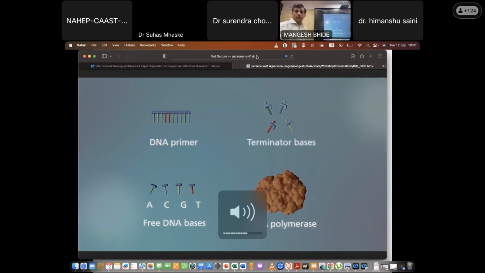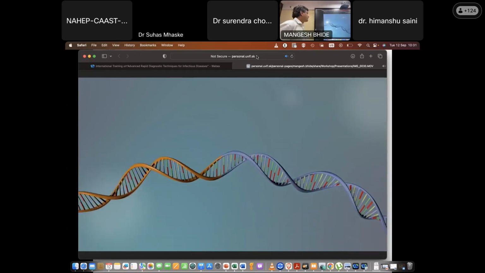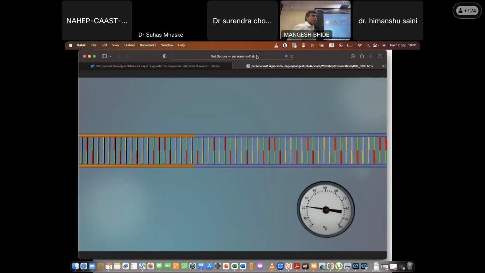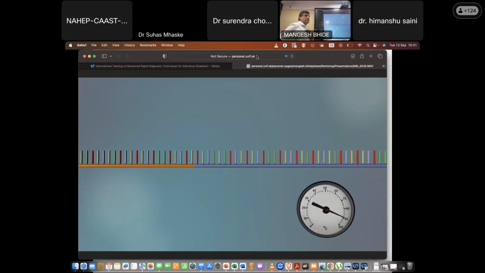These are called terminator bases. This is the PCR product. It is heated, which separates it into two strands. Temperature is then lowered to 50 degrees.